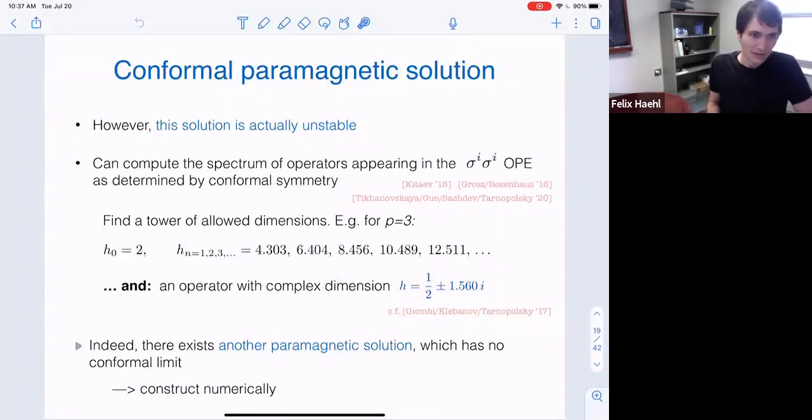And indeed, if you solve the equations numerically, you find that there's a different solution to these replica symmetric equations, which you can find numerically, but it has no conformal limit. It behaves very differently physically. So all the thermodynamics is very different for this solution, but that's the physical solution.